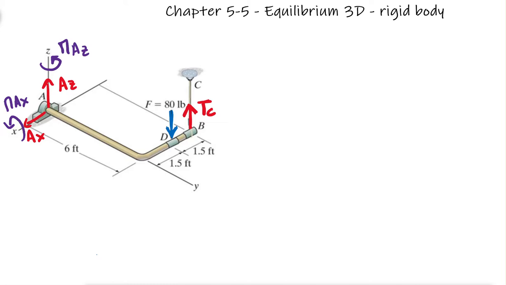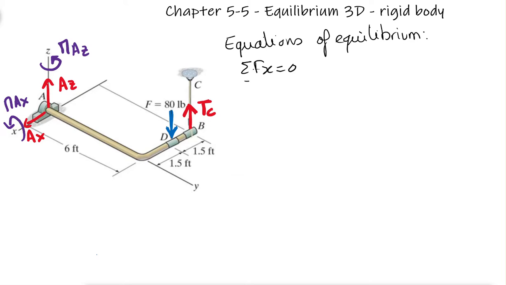The first way is to look at the picture and think about which equation you can do first. So first, equations of equilibrium in 3D, what do we have? We have 6 equations available. We have sum of the forces on X is equal to 0. Sum of the forces on Y is equal to 0.